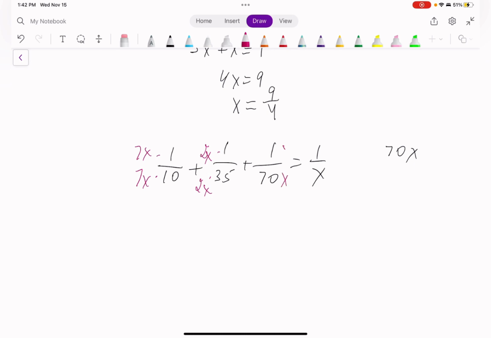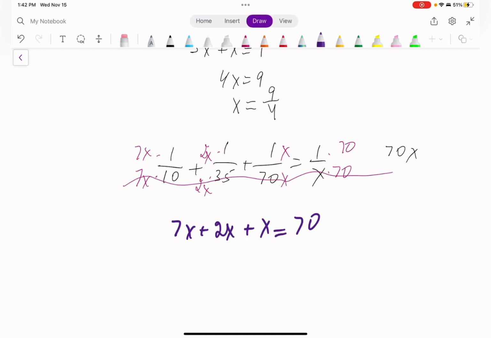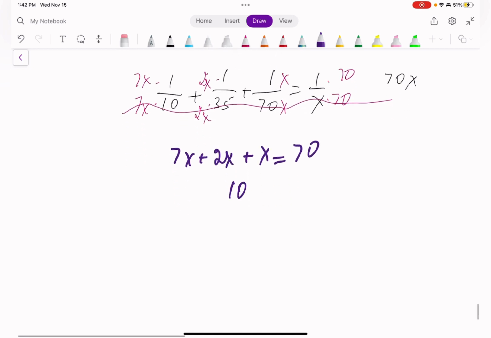Here it's going to be only x, and here it's going to be 70. So 70x, 70x, 70x, 70x, and we have 7x plus 2x plus x equals 70. So 10x is equal to 70, x is equal to 7.